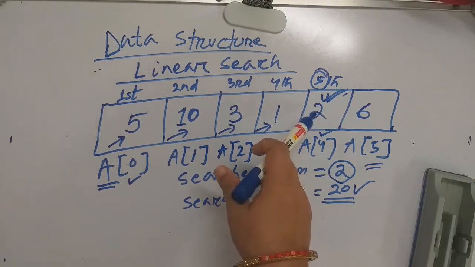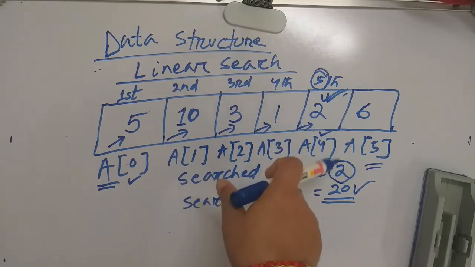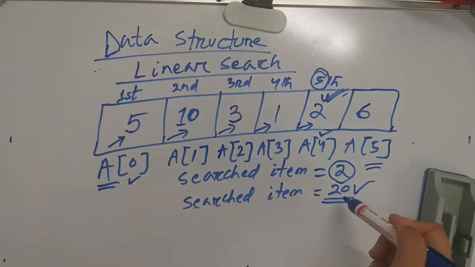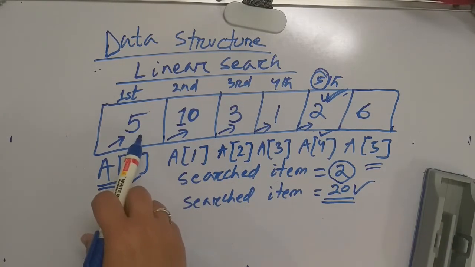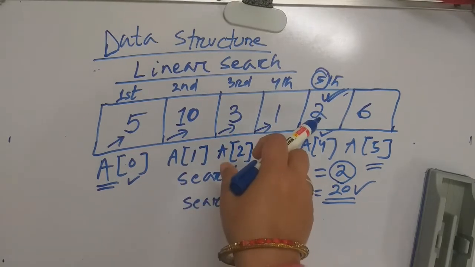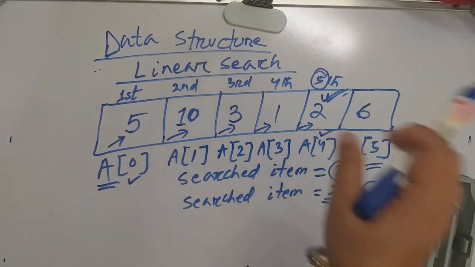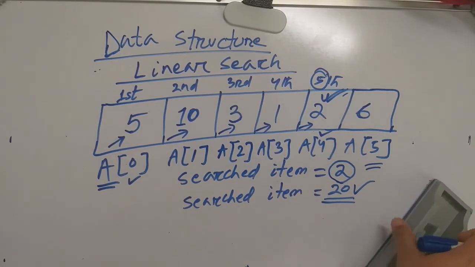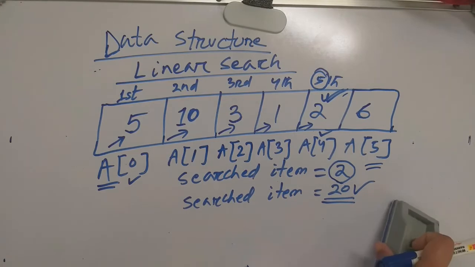No. If we get the 2, that means it is equal to the searched item, so the search is successful. But in the next case, if it is 20, then 5 is not equal, 10 is not equal, 3 is not equal, 1 is not equal, 2 is not equal, and 6 is also not equal. So that means we are not getting the searched item, and the search is unsuccessful.